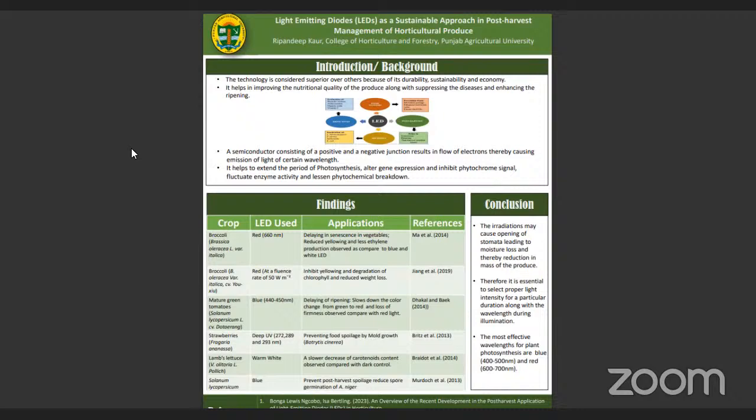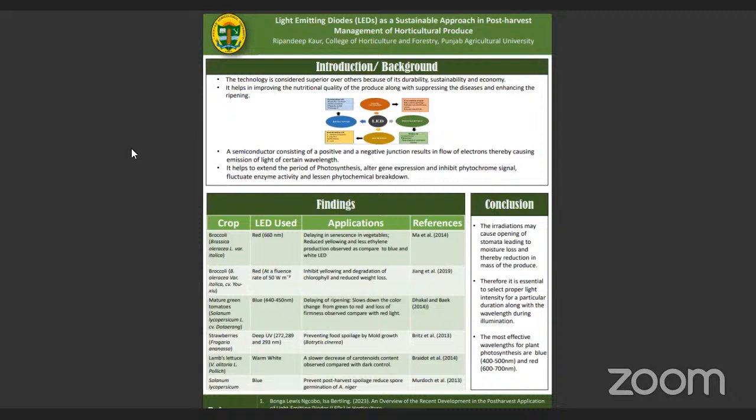Therefore, it has become a necessity to shift towards a sustainable approach as it is durable, economical, and most importantly, very environmentally friendly. It helps to improve the overall quality of produce, thereby fetching a higher price in the market and benefiting the farmer.